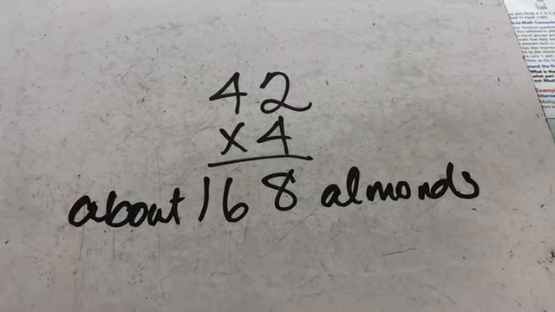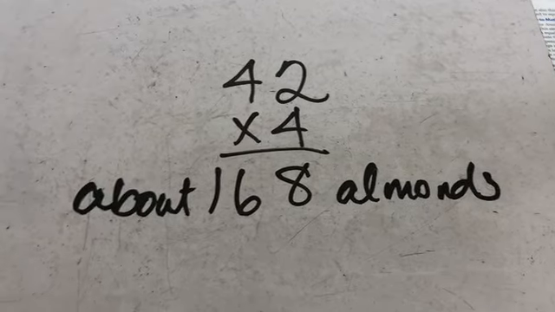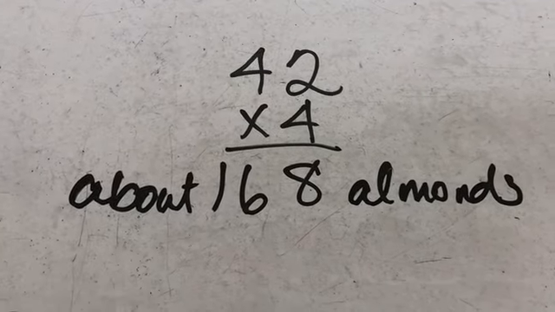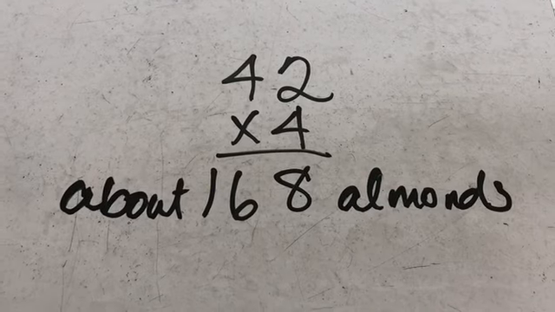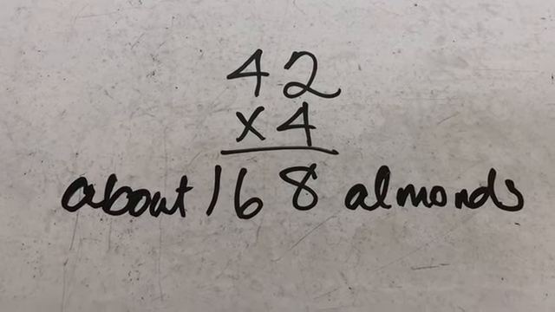So I will need about 4 times as many almonds to fill this jar. I take my 42 and multiply that times 4. I'll work it out, 42 times 4. Your answer is about 168 almonds. That's how many almonds we can estimate will fit into the glass.